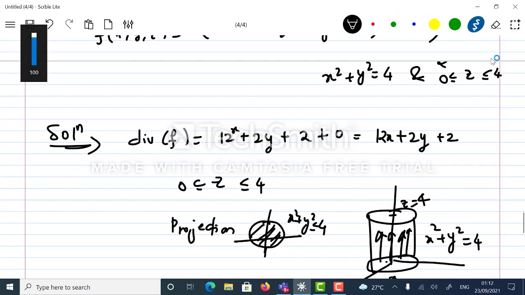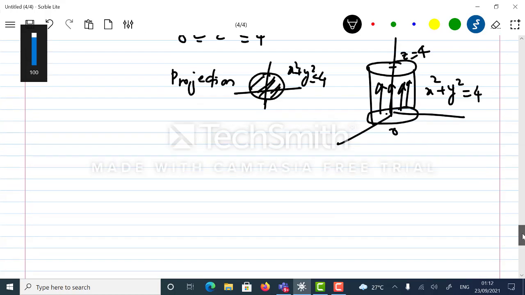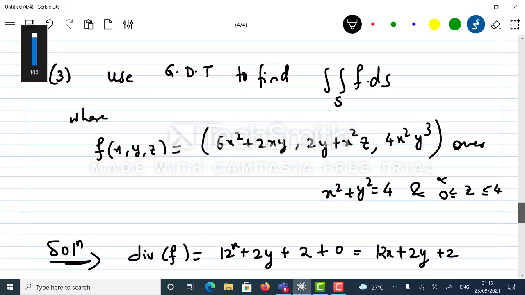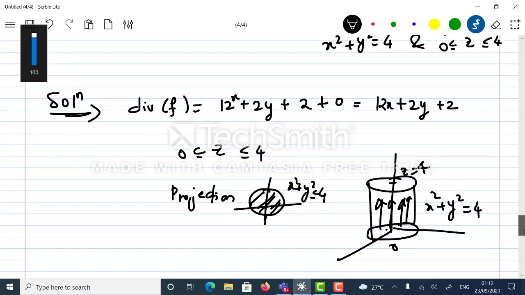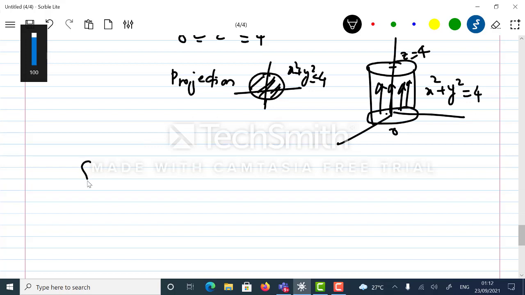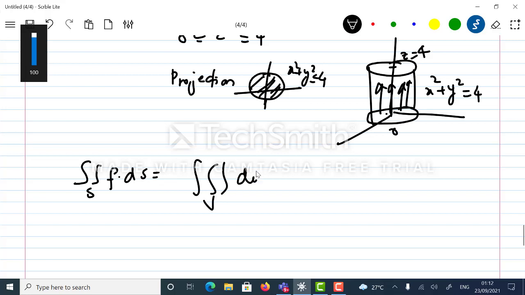Okay, so let me see this triple integral. I need to find the triple integral of 12x plus 2y plus 2. Surface integral over S of F·dS is equal to the triple integral over V of divergence of F dV, by Gauss divergence theorem.